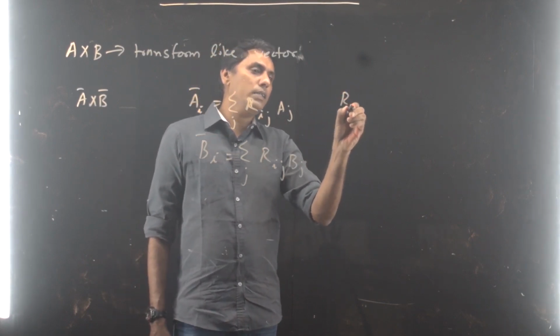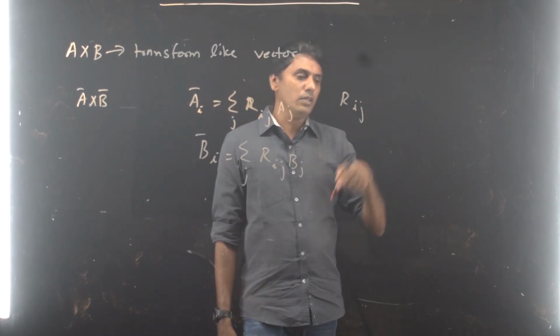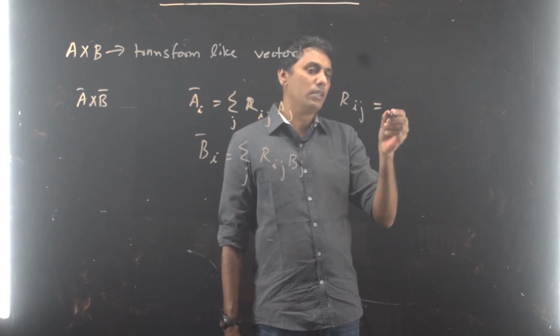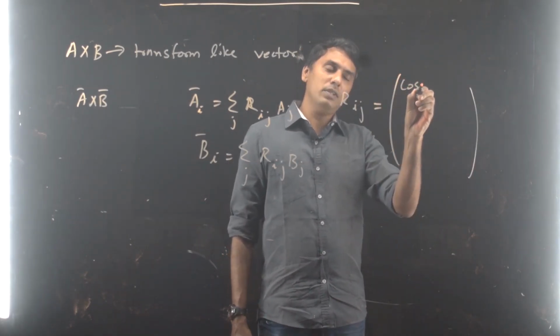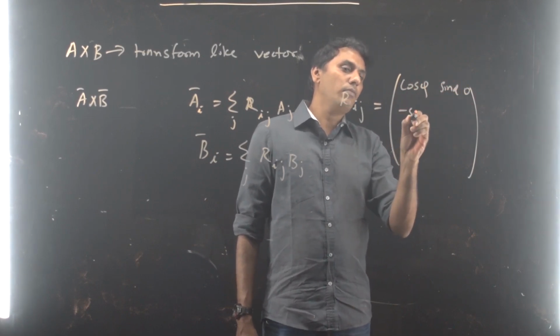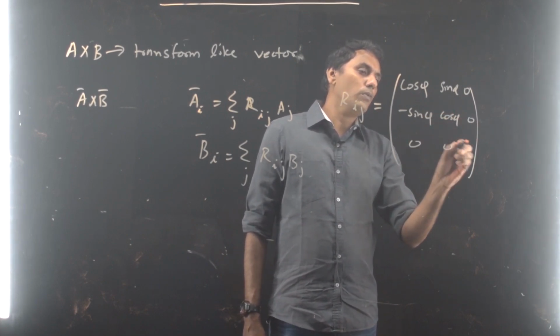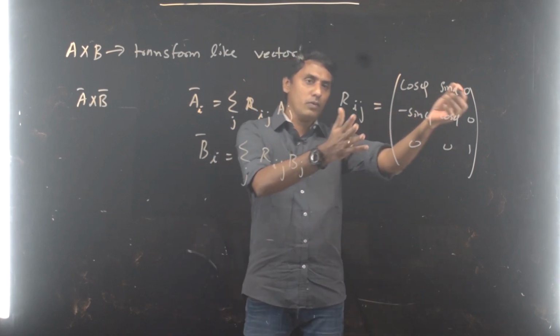Take R ij as the rotation matrix about the z axis: cos phi, sin phi, 0; minus sin phi, cos phi, 0; 0, 0, 1.